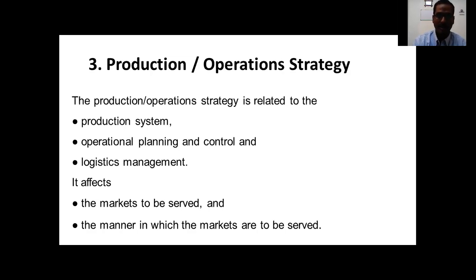In this topic, we discuss production and operation, and since logistics is a very big topic, we will discuss it separately. It covers the market to be served and the manner in which the market has to be served, that is, how the target customers are served.